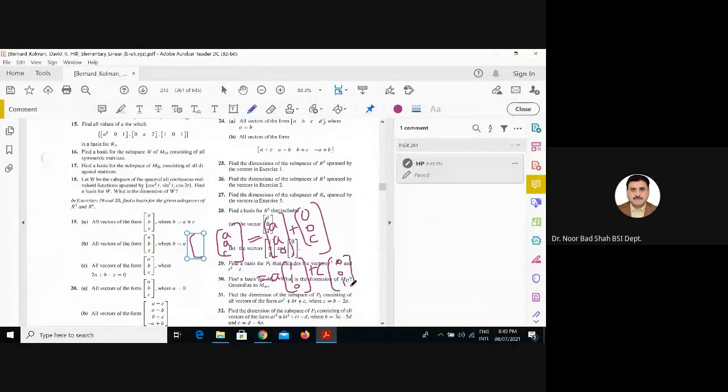So one vector is this one, this is V1, this is V2. Again, there are two vectors, but not multiple of each other, so they are linearly independent as well. So the basis in this case will be 1, 1, 0 and 0, 0, 1. Dimension is again 2. And so on. Right?